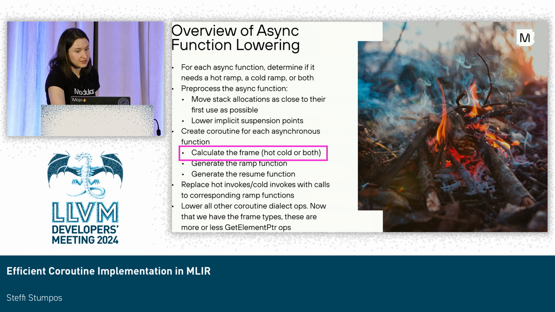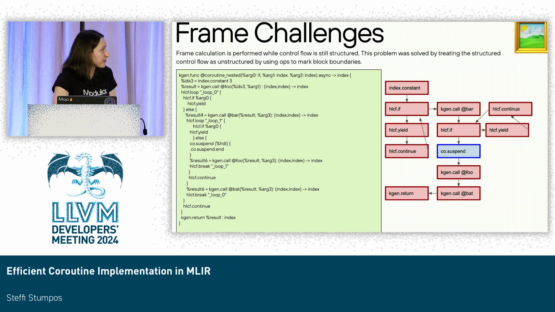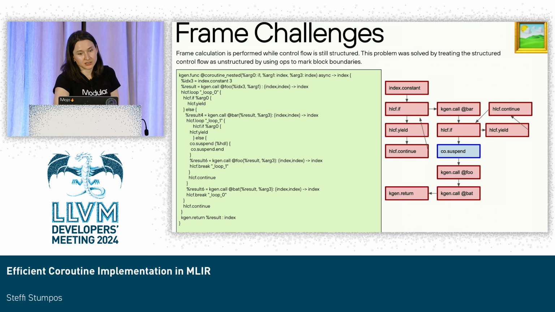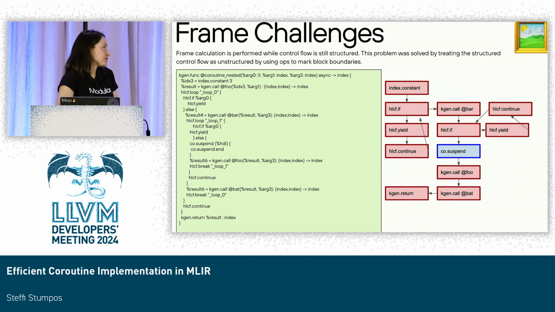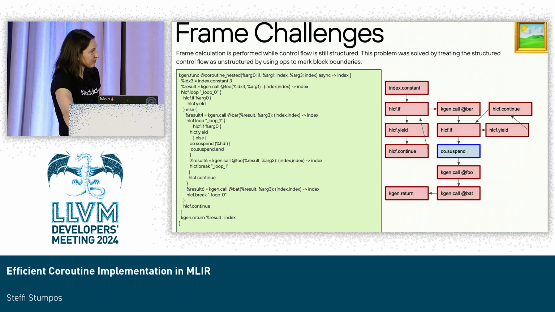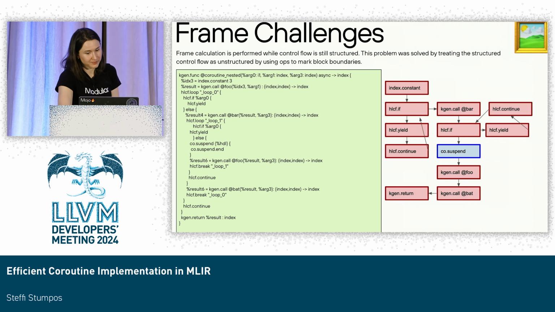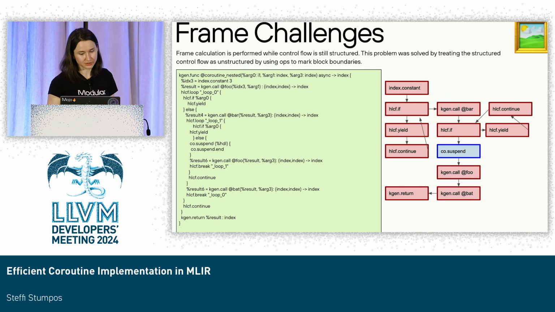The next step is calculating the frame. This is kind of a tricky step. One of the things that's tricky with this is that control flow that I mentioned is structured at this stage. So we kind of have to pretend that it's unstructured by creating virtual blocks represented by operations. So kind of like drawing boundaries around our code here.